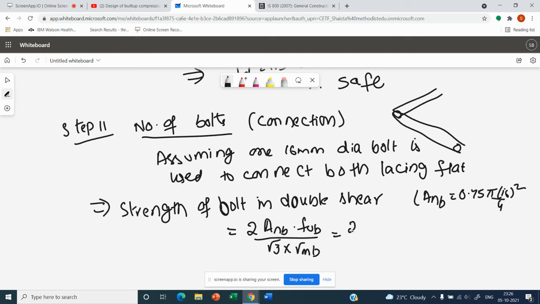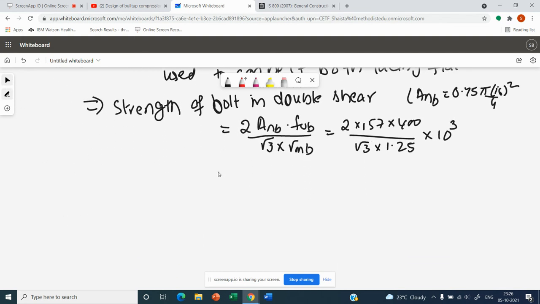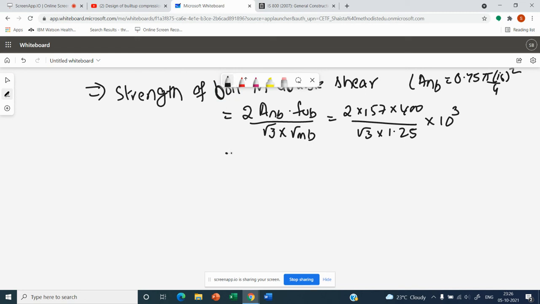So that you are getting it as 2 into 157. FAB is 400 standard value by root 3. Partial safety factor is 1.25. Okay, if you divide it by 1000, you get the value, that is the strength of bolt in double shear, 58.01 kilo.